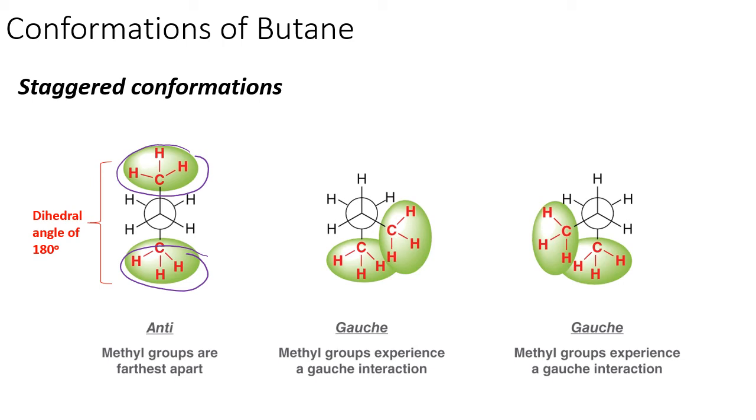That's why that's the most stable conformation. And then the two gauche interactions have that 60-degree dihedral angle, and you can see they're actually overlapping one another, regardless of what side they're on. So those methyl groups are having a bit of strain in that gauche arrangement. It's not as bad as it would be for the eclipsed, but they still have interactions, and they can have steric strain and torsional strain.